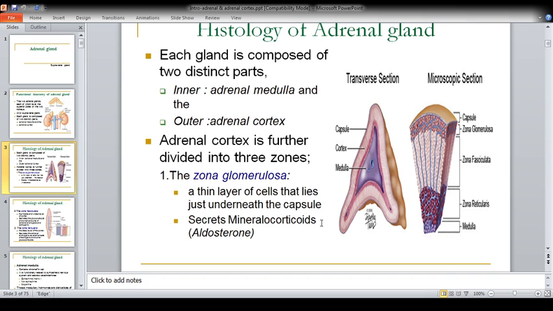Mineralocorticoids, as denoted by their name, help in absorption of minerals from the urine. So the major mineralocorticoid that is secreted via zona glomerulosa is aldosterone.